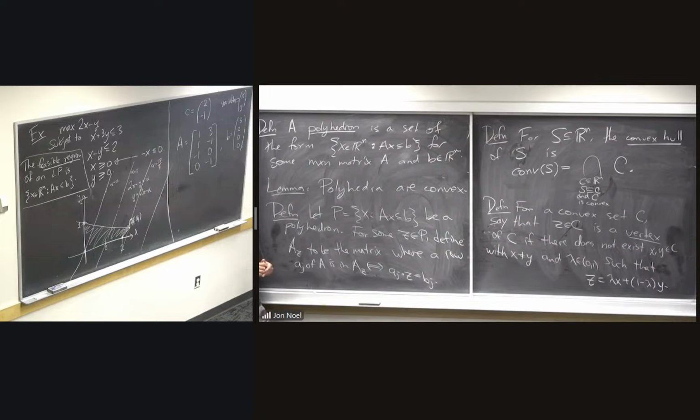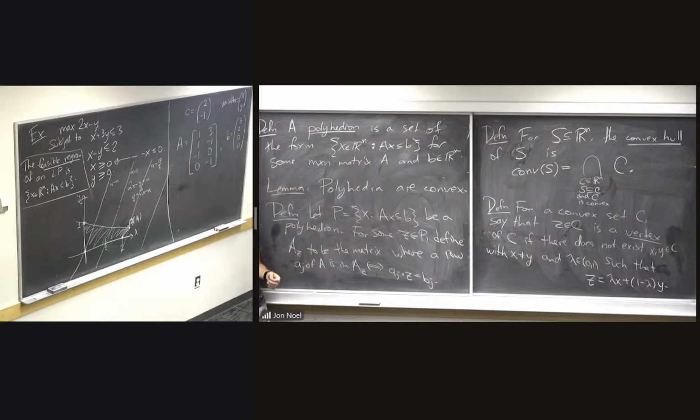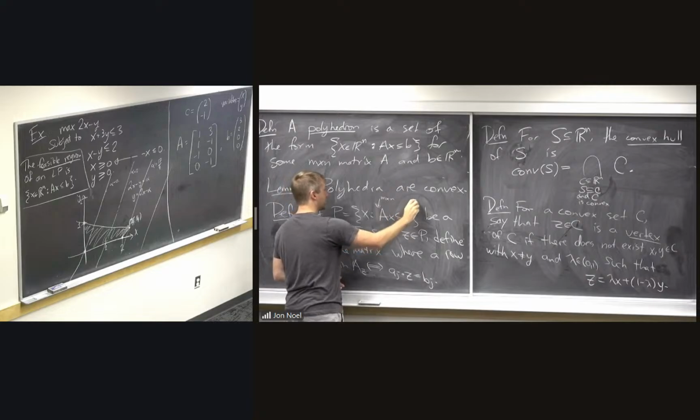This probably requires some explanation. I think of this like the inequality that defines the polyhedron, a system of m constraints, because A is an m by n matrix and b is a length m vector.